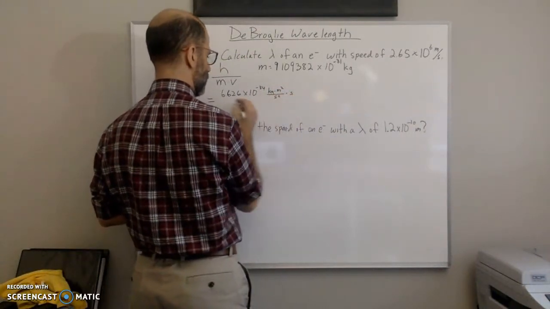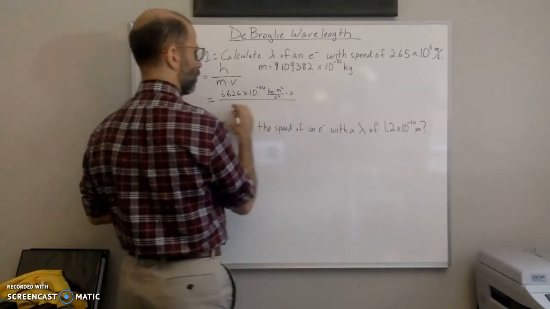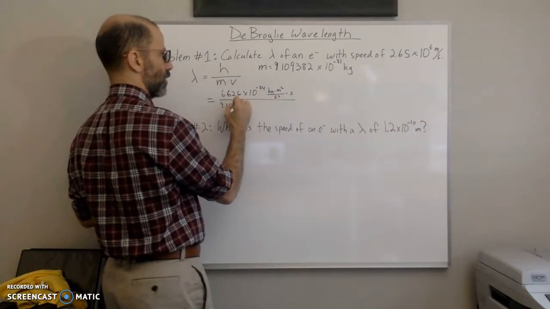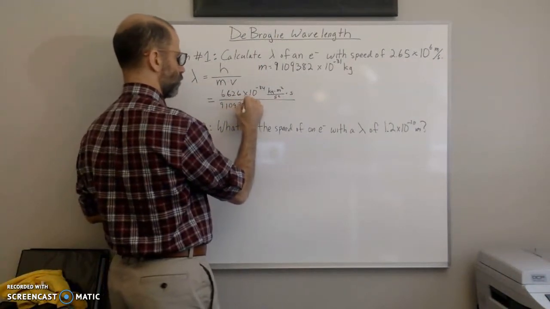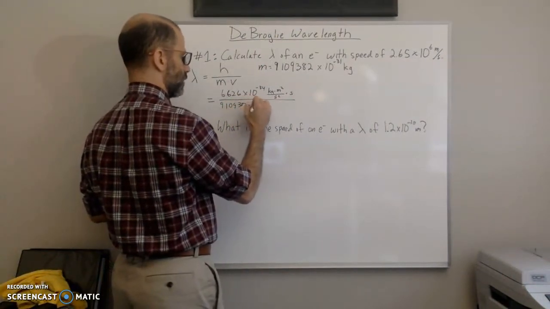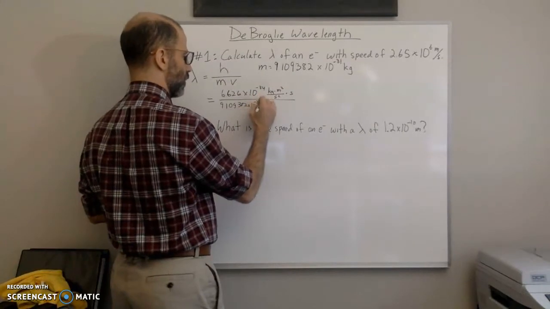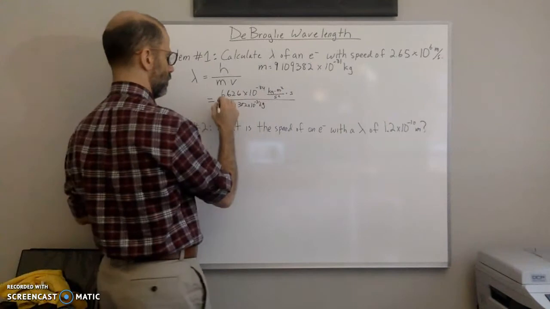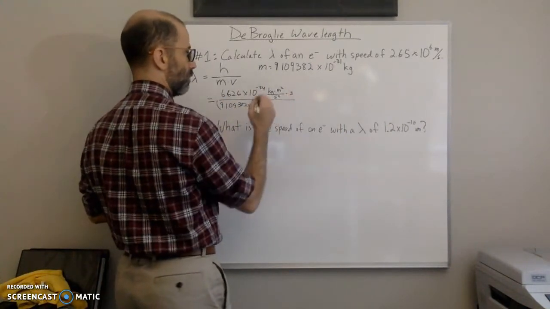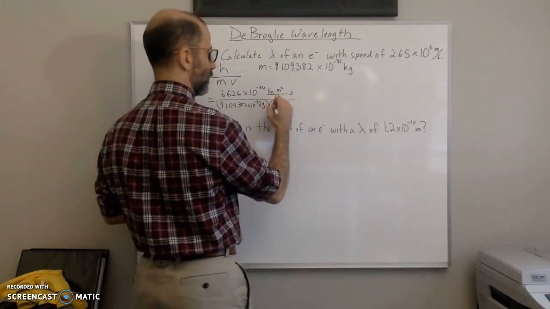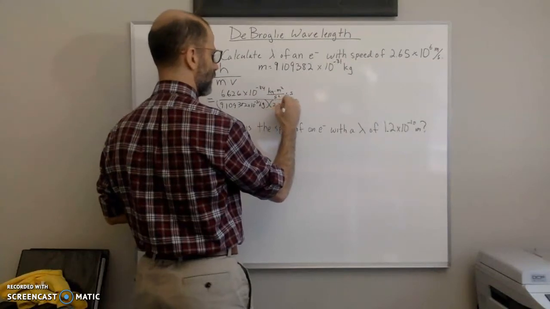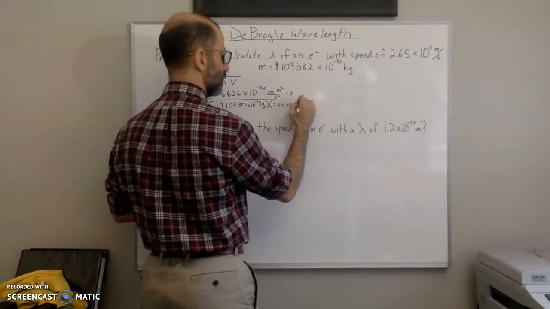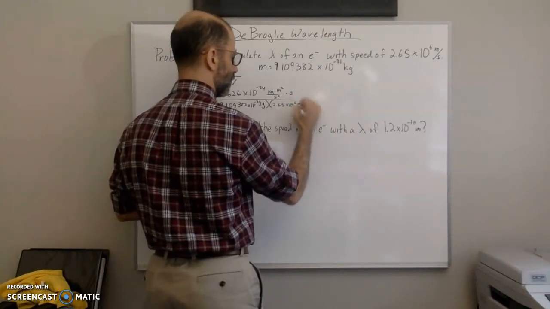So joule seconds all over the mass, which is 9.109382 times 10 to the negative 31 kilograms, excuse me, multiplied by the speed, which is 2.65 times 10 to the 6 meters per second.